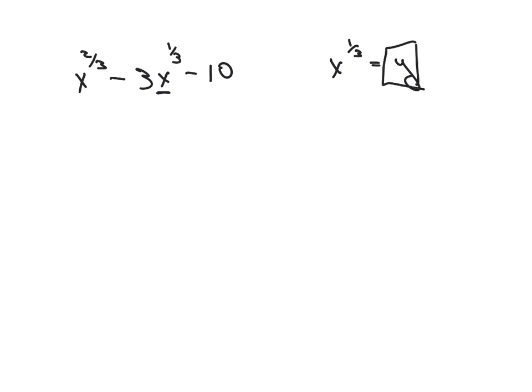So now instead of writing 3x to the 1/3, I'm going to write 3y. And this x is x to the 2/3. So this is actually x to the 1/3 squared, right? So we're going to make that y, and we're going to put the squared on it.